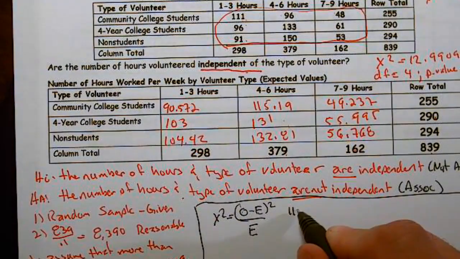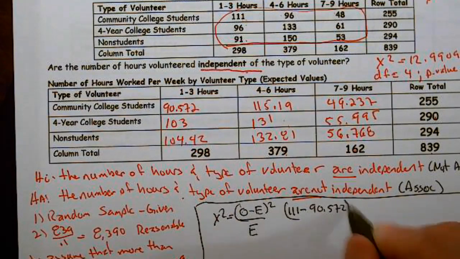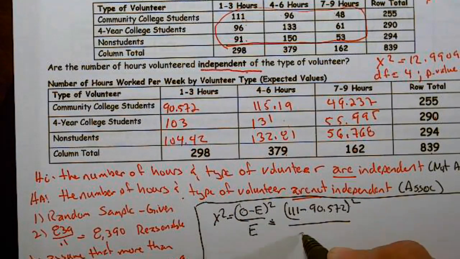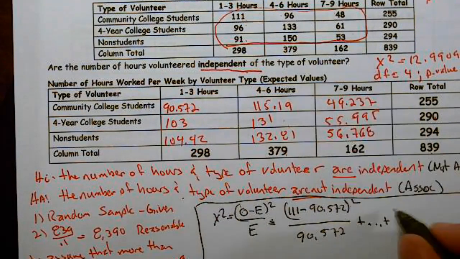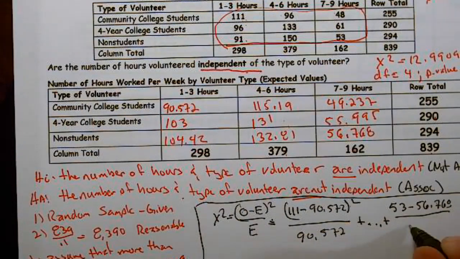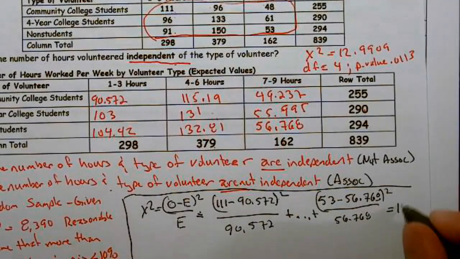So 111 minus 90.572 squared over 90.572 plus, and so on, to my last one, my observed is 53 minus 56.768 squared over 56.768, equals, what did we say it equaled? Oh, we said it equaled 12.9909, so 12.99.